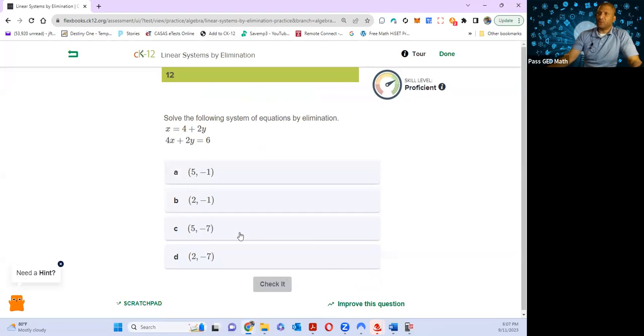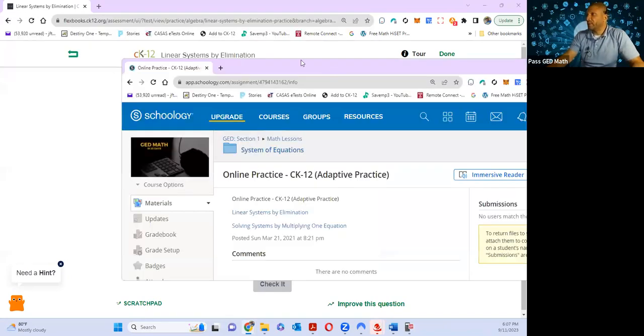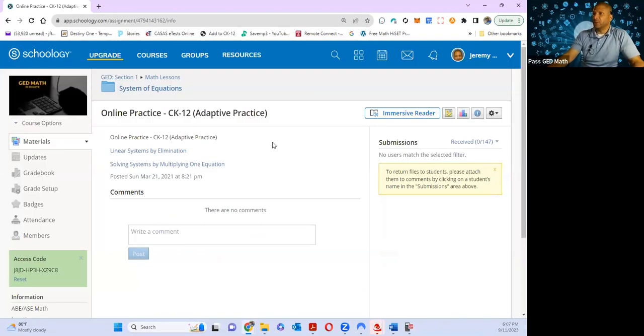You understand? So this is where you've got different types of problems. This is where you can practice. Here we practice with CK12. Again, all of this practice is in Schoology. This is a system of equations. Here, go practice.